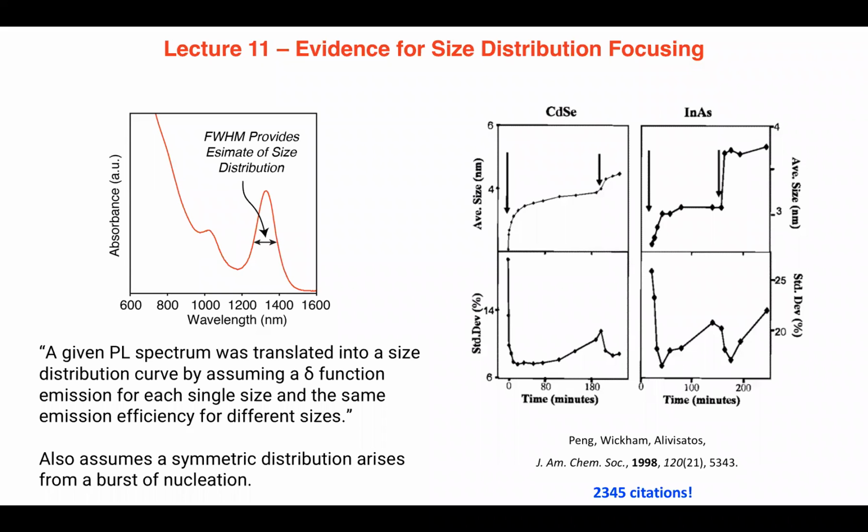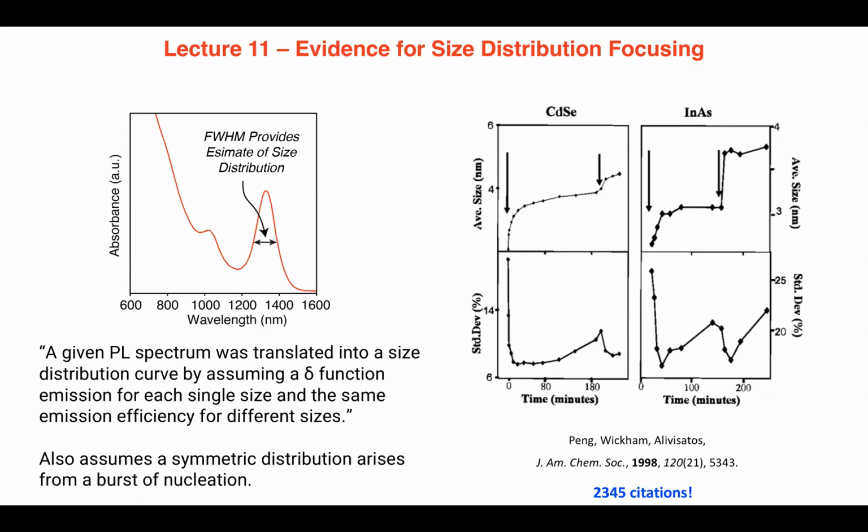And then they did another experiment where they injected a bunch of material in at a later time, made it grow fast again. And by supersaturating the solution, they could actually shrink the distribution again.